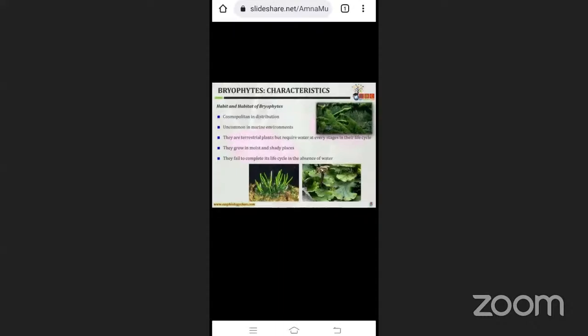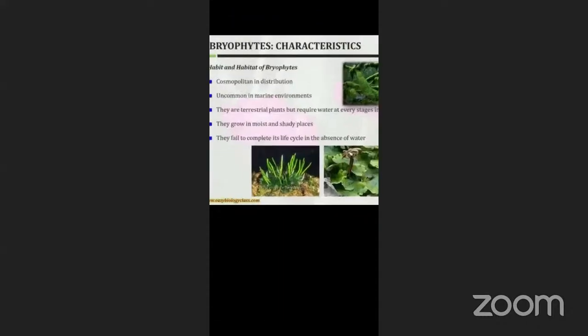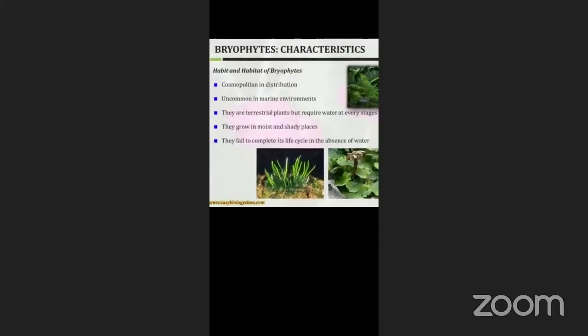So what is the habitat and habit of the bryophytes? They are cosmopolitan. Bryophytes are simple and primitive non-vascular, flowerless plants.